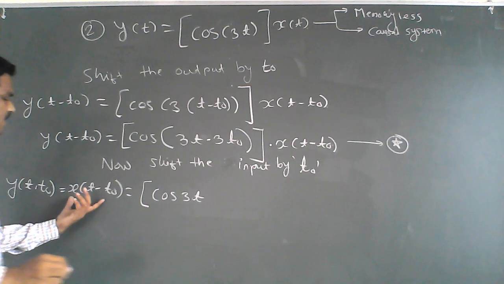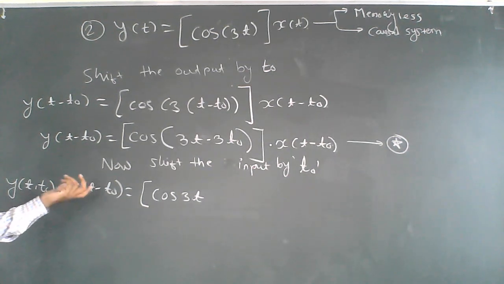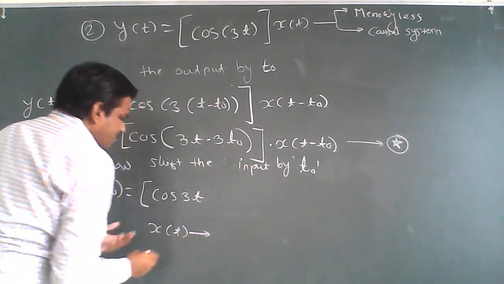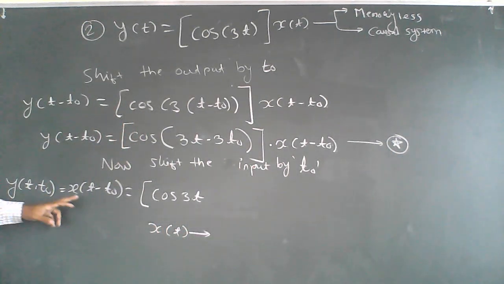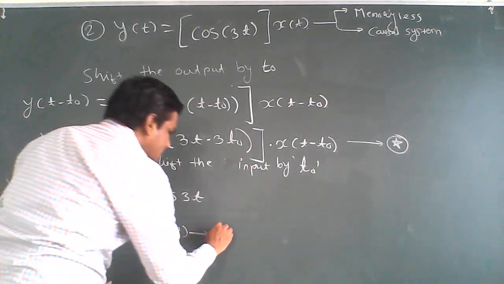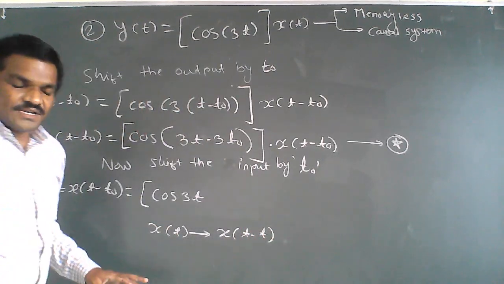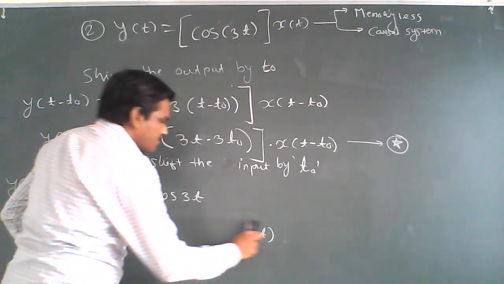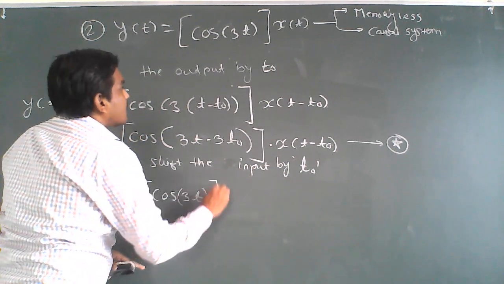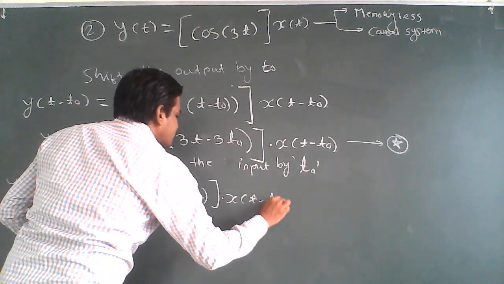Wherever x is there, you have to write x of t minus T0. Whenever we are shifting the input by T0, wherever x of t is there, you have to write it as x of t minus T0. So I am writing cos of 3t as it is, and then I am writing x of t minus T0 here.